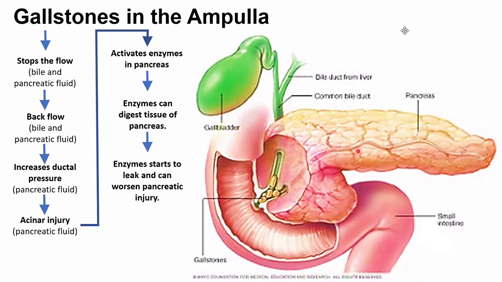If there is a high pressure in the pancreas, somehow the acinar cells are injured, and once injured, the cells themselves will release some proteases or some proteins, and these proteins can activate the enzymes in the pancreas, and enzymes can digest tissue of the pancreas. Oops, I have to discuss pala the pancreas.